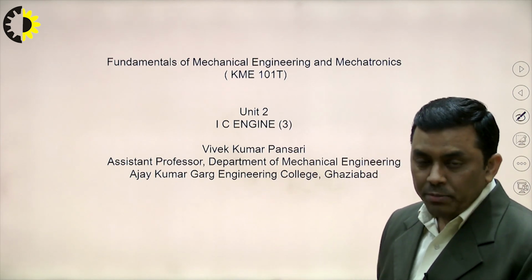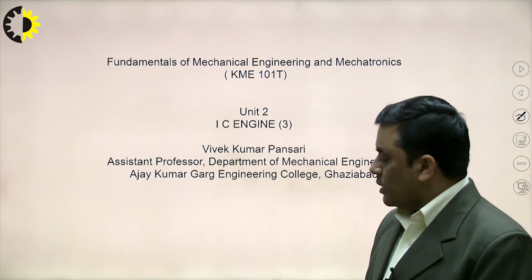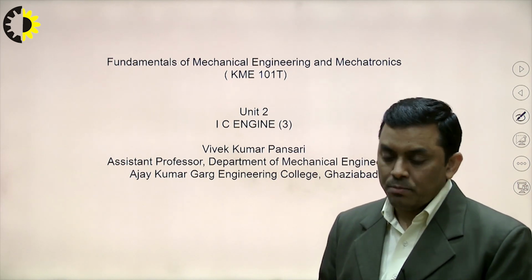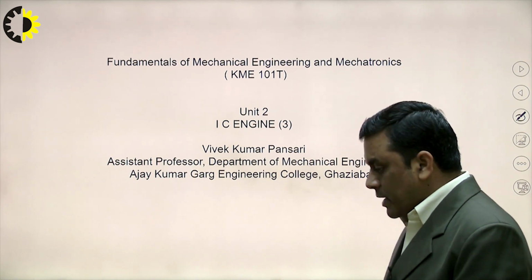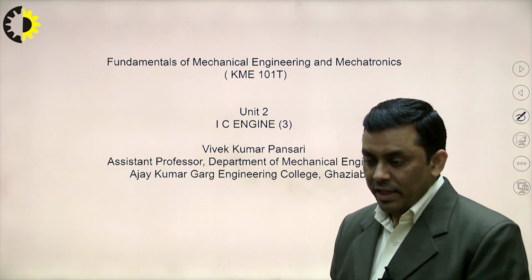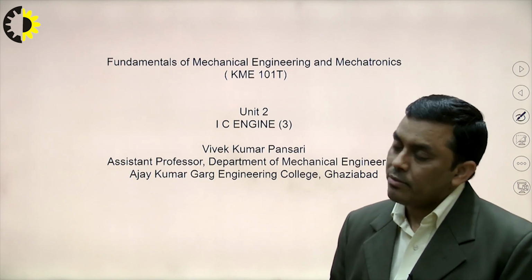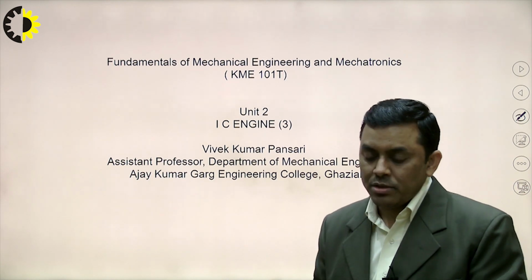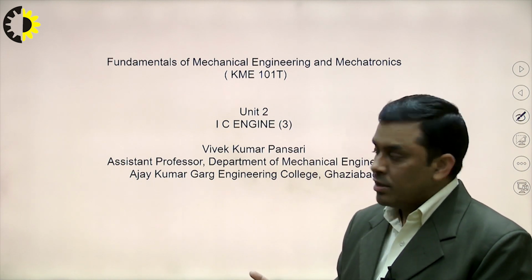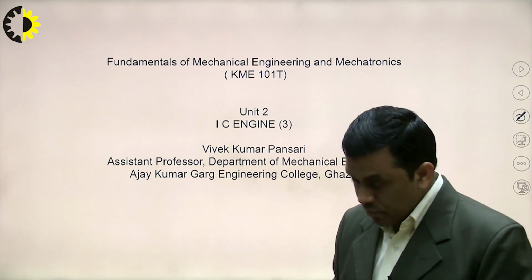In this video, I would like to take the working of 2-stroke petrol engine and the basic comparison between the SI and CI engine and 2-stroke and 4-stroke engine, so that we can summarize the complete working of IC engine. This is the purpose of this video.